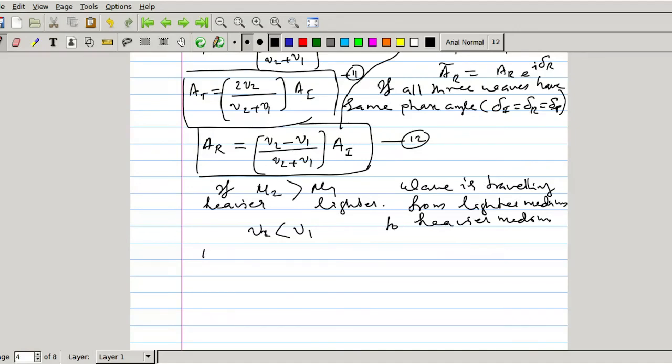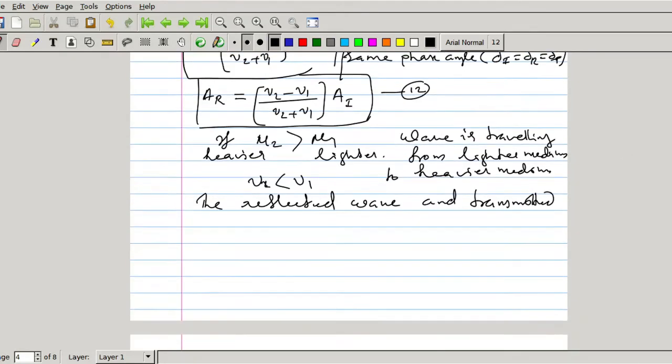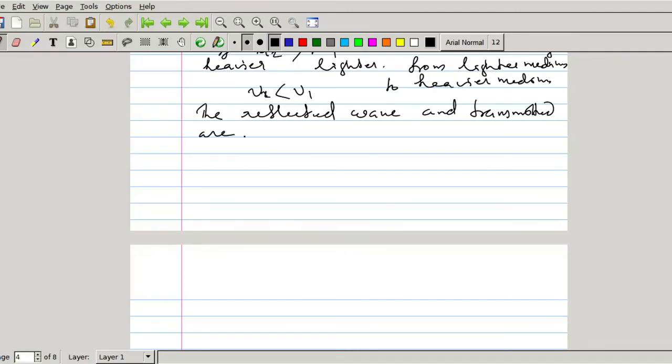That means the reflected wave is 180 degrees out of phase with the incident wave, or we can write the phase of reflected wave plus pi is equal to the phase of incident wave.